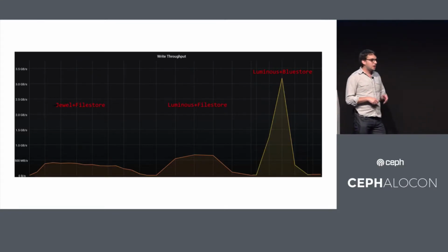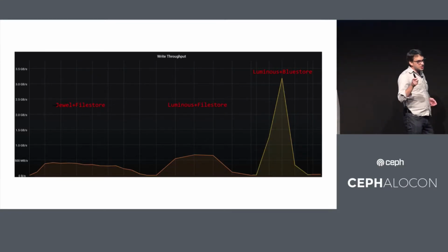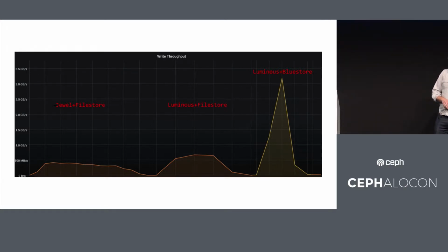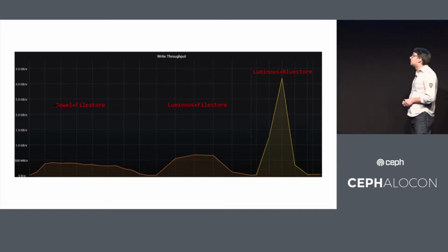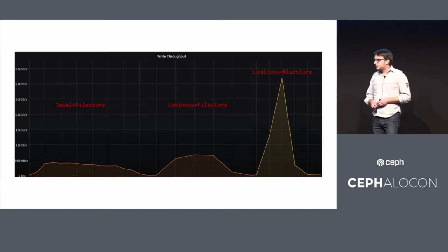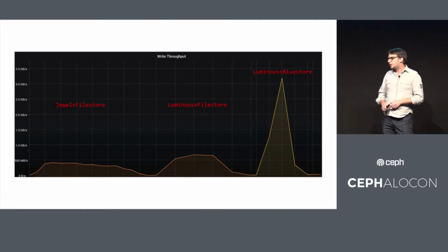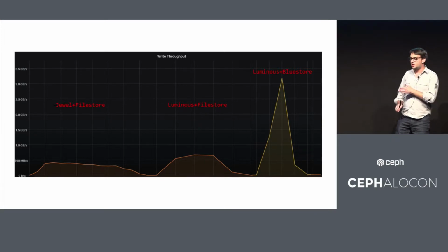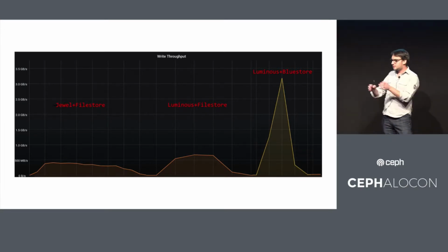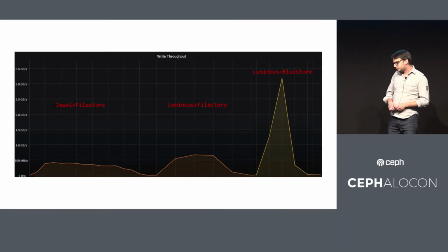Just an example, we upgraded one of our clusters from Jewel to Luminous, and this is a write workload. This is a kind of special workload. It's a cache flushing workload. We have a batch of jobs that write to a cache tier in front of an EC pool, and at some point when the jobs are finished, the cache pool is flushed to the EC pool.